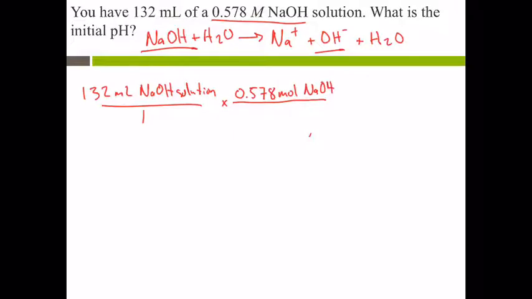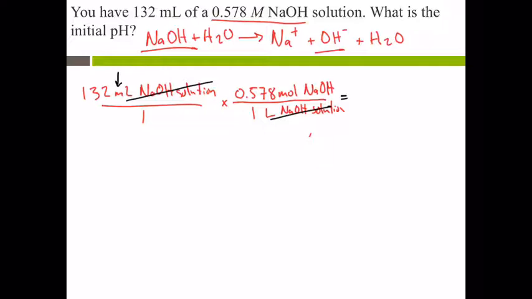So we know that we have 0.578 moles of sodium hydroxide for every 1 liter of sodium hydroxide solution. What that allows us to do is convert from liters of sodium hydroxide solution to moles of sodium hydroxide. And one thing that you might have noticed is I actually didn't even touch the milli. So let's leave that for now.